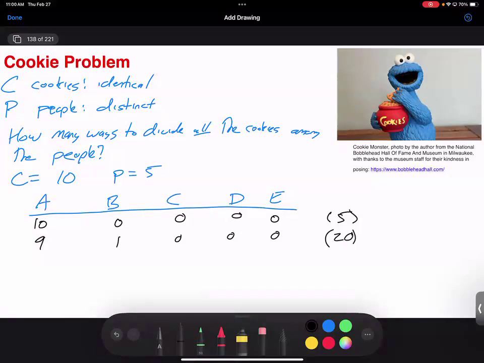What's next after the 9, 1? 8 and 2. And this isn't so bad. That's also going to be 20. What's next? Yeah, now things get interesting. How many ways are there to do this?